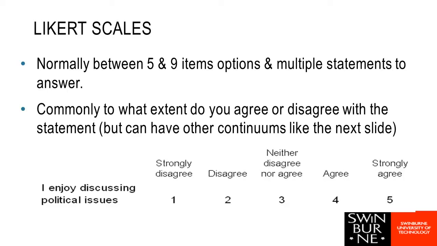So the most common are the strongly agree to strongly disagree, but this is not the only options that get used. So on the next slide I'll show you an example of one where it's got slightly different categories that the person can choose from.